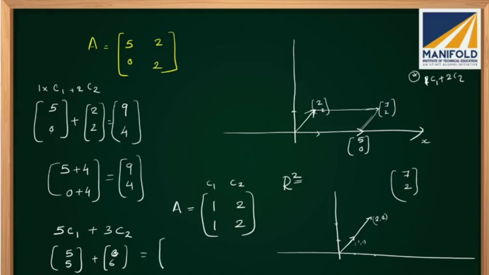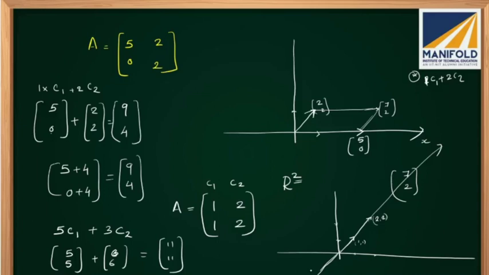And the result is going to be 11, 11, correct? So that is again lying on this particular line. So I cannot span this space now. With these two vectors, I cannot span the complete space, but I can only span this particular line.